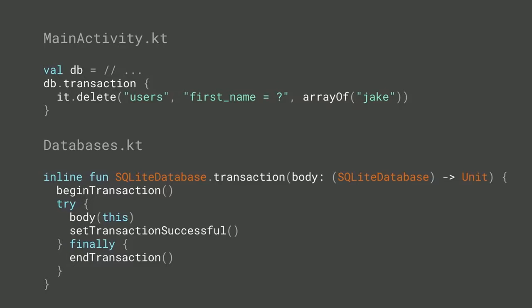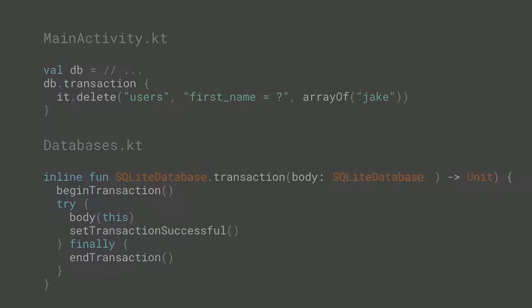So just like we had extension functions, which add methods to a type, we can create extension lambdas, or as I believe Kotlin calls it, lambdas with receivers. It's the same trick where we change the parameter of the lambda that's being passed in to itself be an extension function of the database.